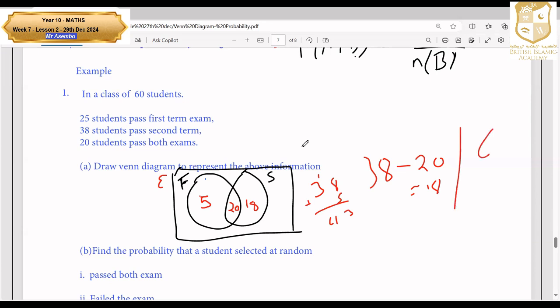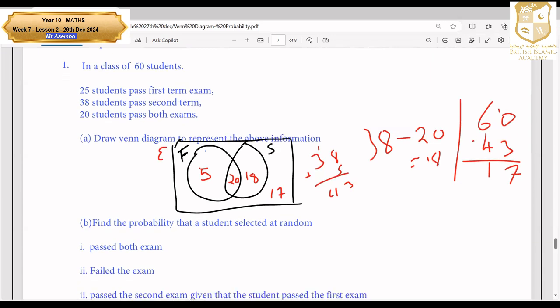So we take 60 minus 43 to see how many failed, which will be presented outside of the two sets. That will be 17. So we have 17 students who failed both the first term exam and the second term exam.